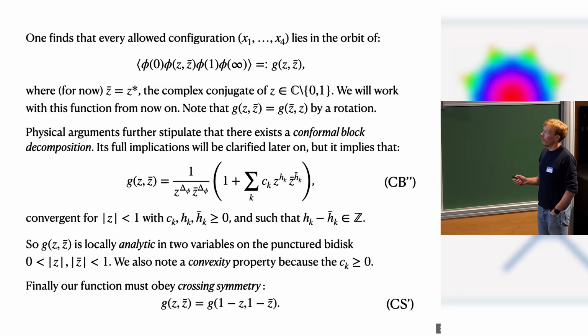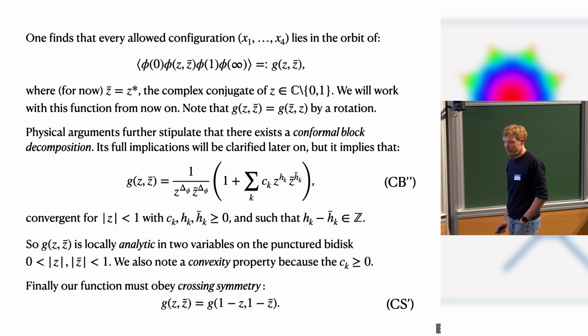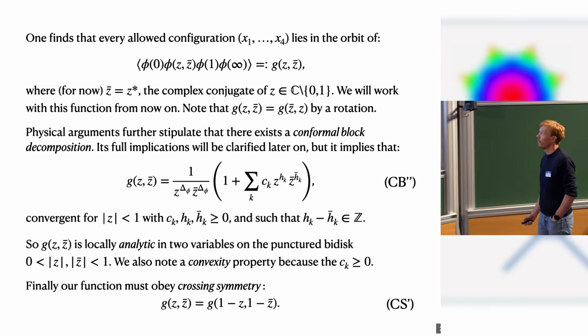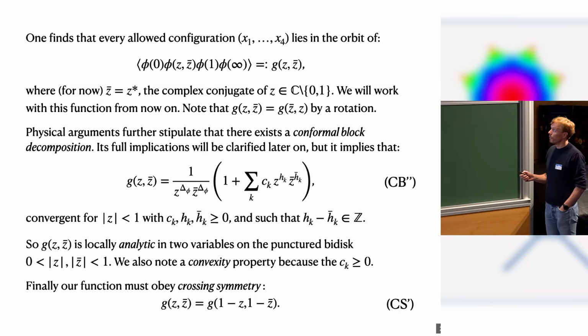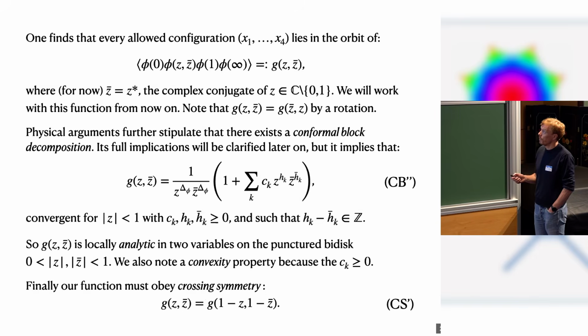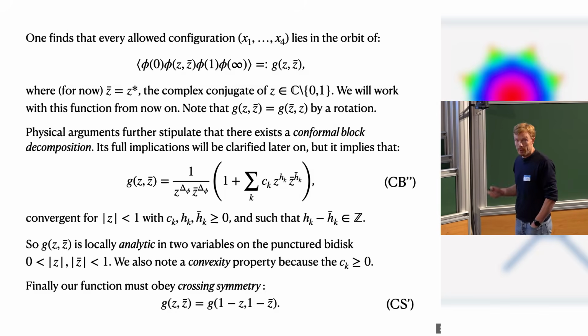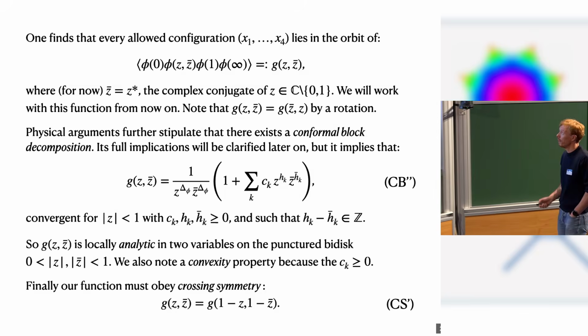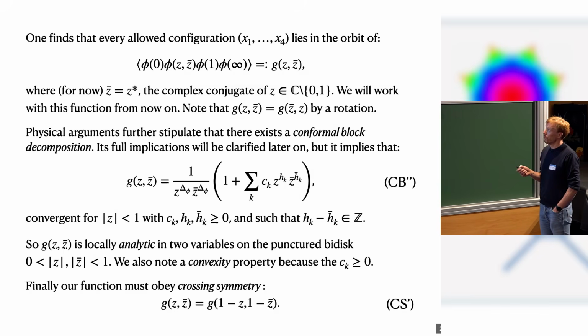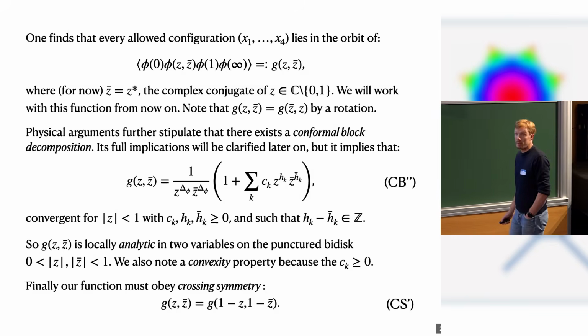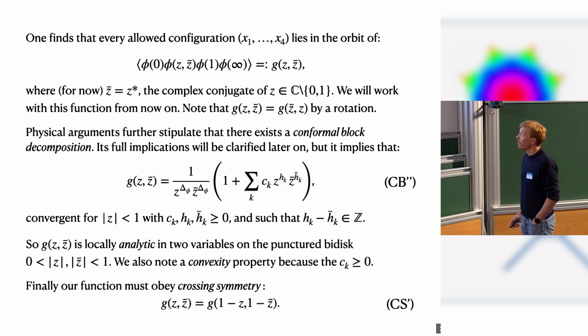Then you look at the orbits of the conformal group, and you basically find that every allowed configuration of these 4 points lies in the orbit of this very simple configuration: you put 1 point at infinity, and the other 3 span a plane. On that plane you introduce complex coordinates z and z bar, you put 1 point at the origin, 1 at 1, and then the last point is free.